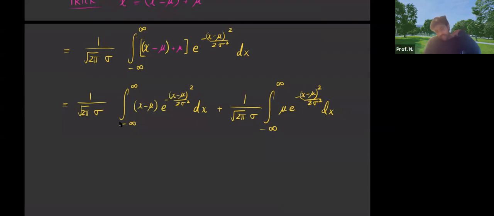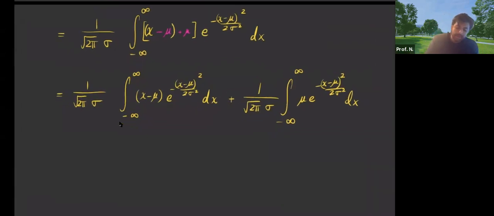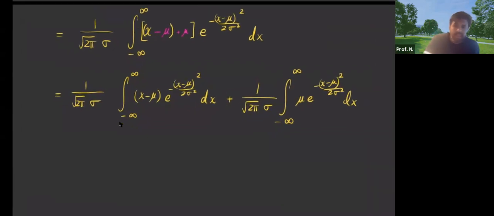Now things clear up really quickly after this. Again, there's a lot of these changes of variables. It's just to help us see. Let's call this y. Let y be x minus mu. If y is x minus mu, what happens?